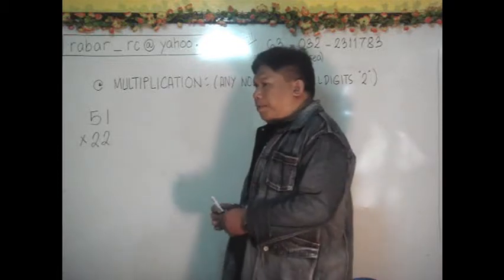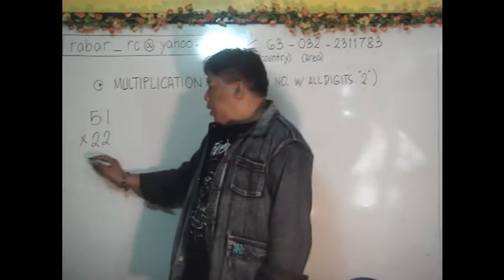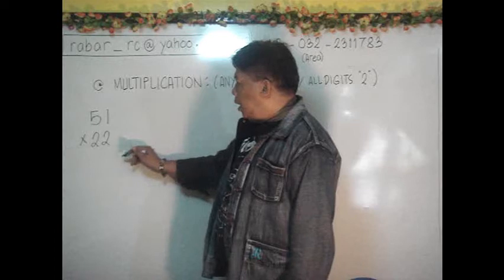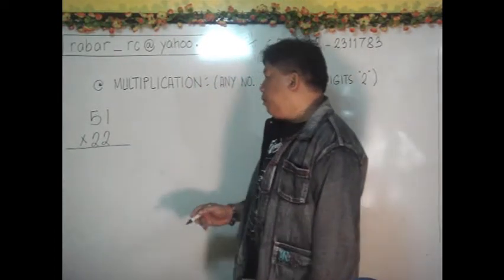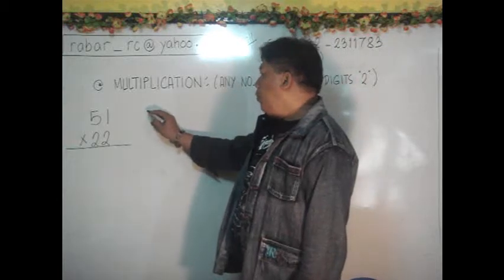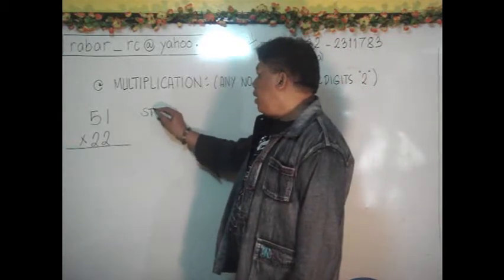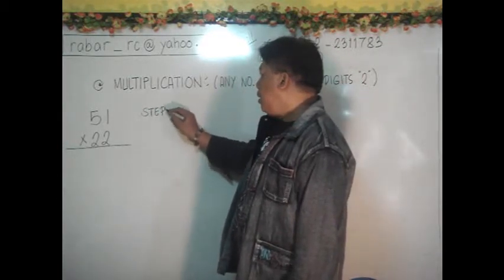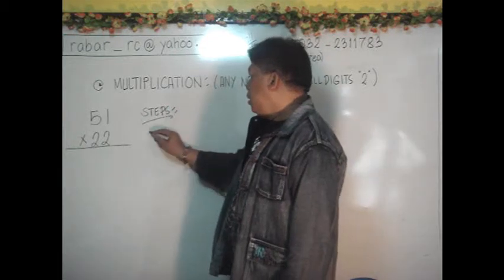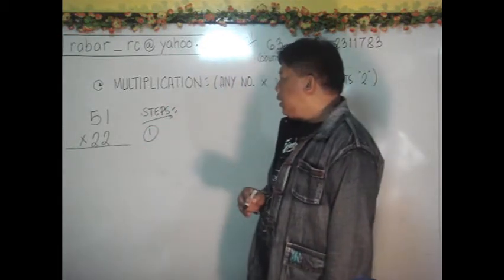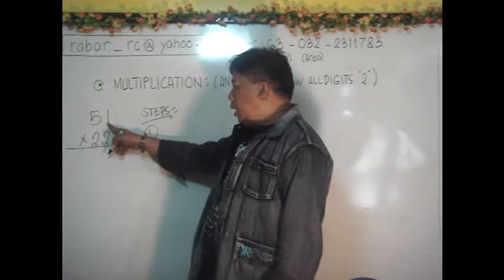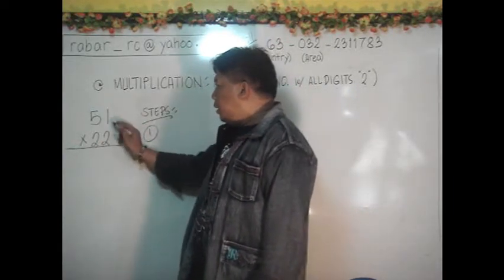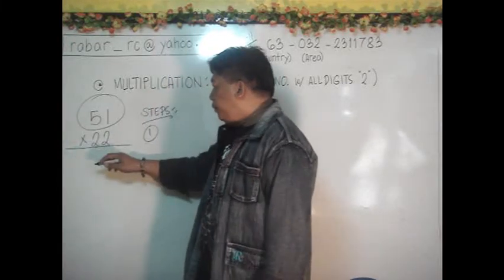We have to follow steps. Steps in answering this type of number multiplied by numbers with digits 2. Step 1 is take the last digit. We take the multiplicand.